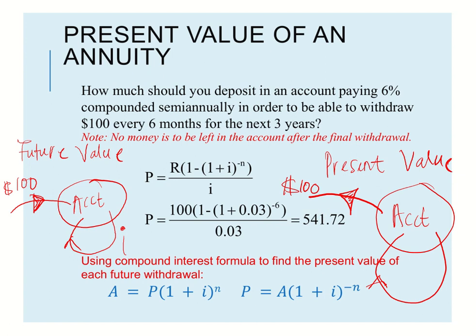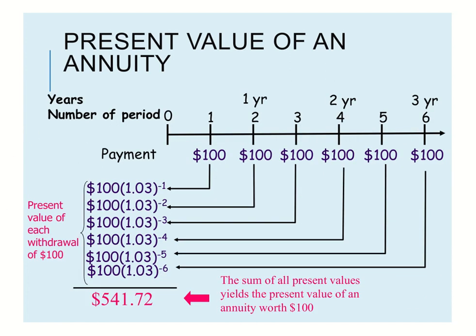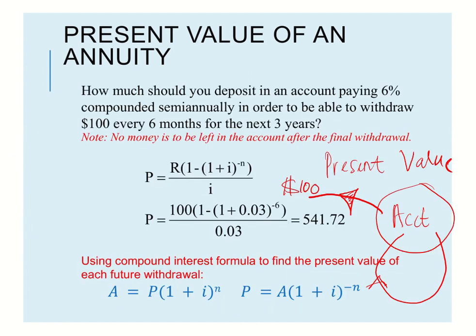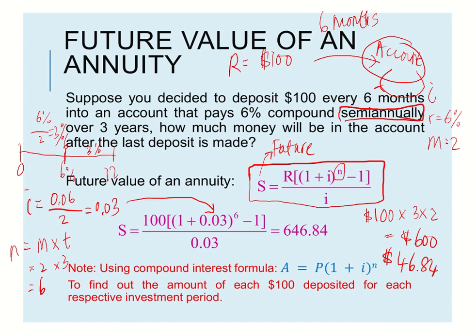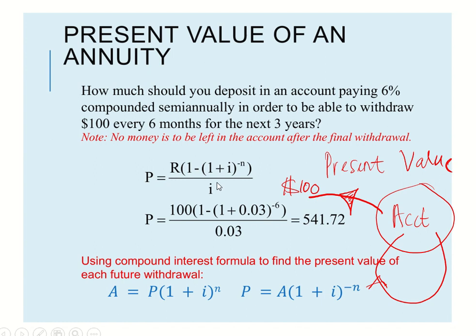Okay, for present value, we are going to use this formula. Please take note that it is different from the formula we have for future value. For future value, we have this formula, and the present value formula is something like this.